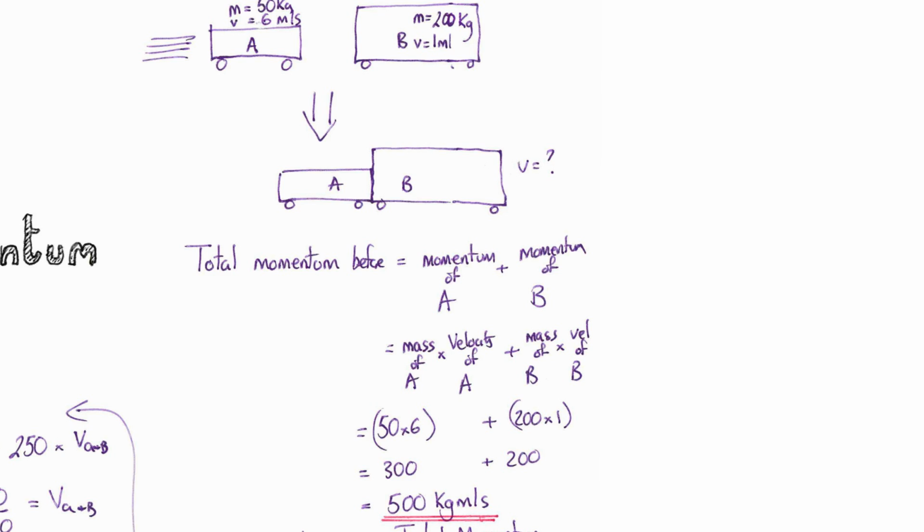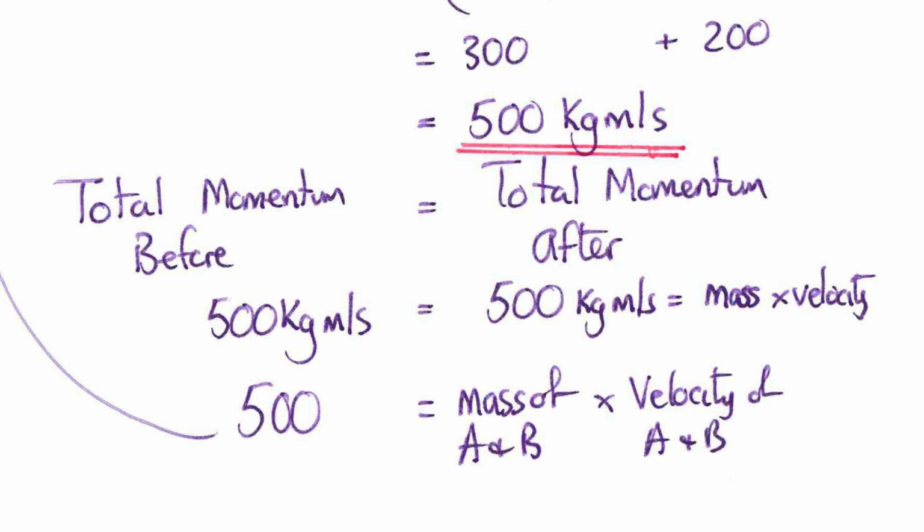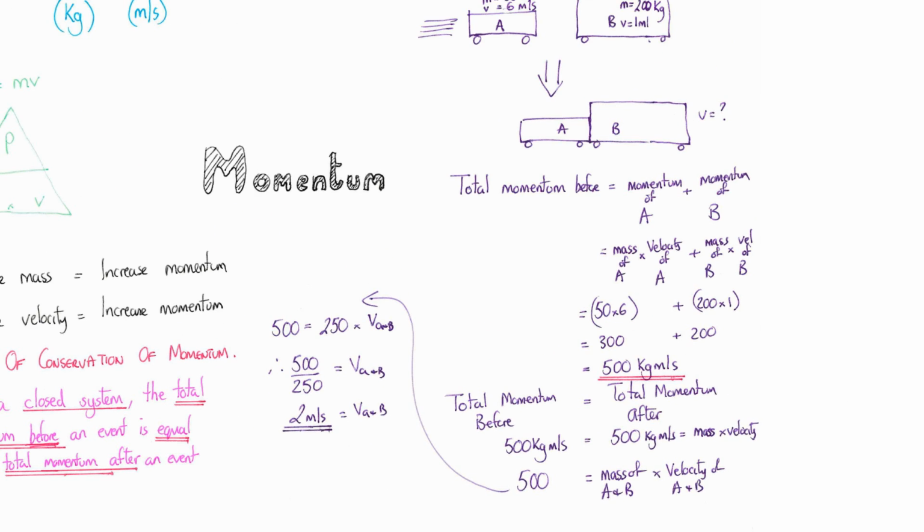And using the law of conservation of momentum, it is also the momentum afterwards. So the total momentum before is 500 kilogram meters per second, and the total momentum after must also be 500 kilogram meters per second. And that will equal mass times velocity. The mass is the mass of A and B combined, and the velocity of A and B. So we know that 500 will equal the mass of A and B. Well, A was 50 kilograms, B was 200 kilograms.